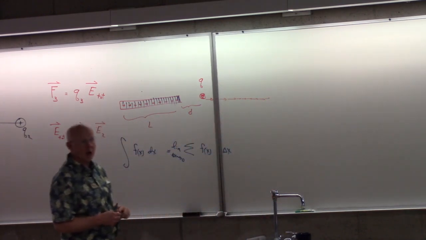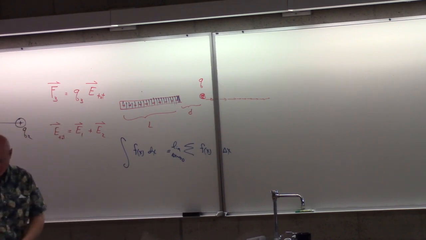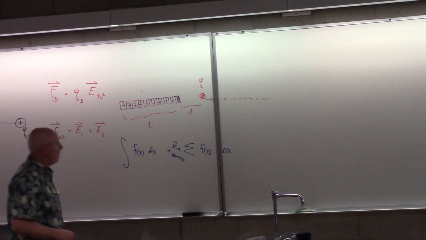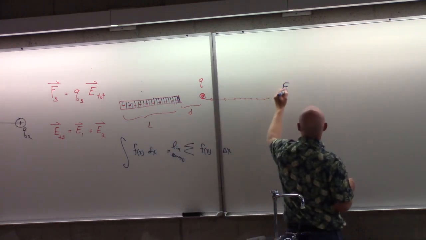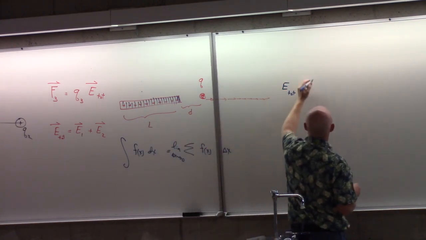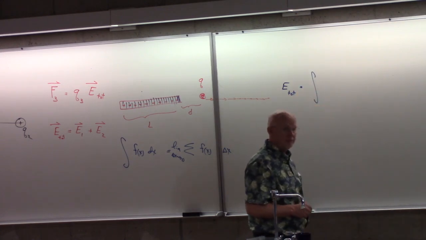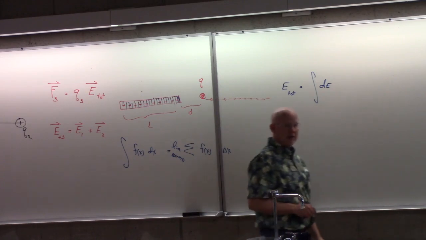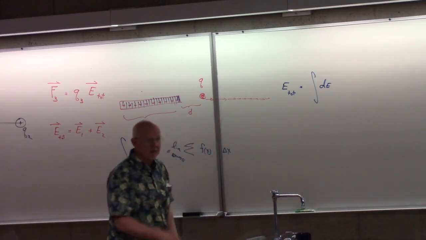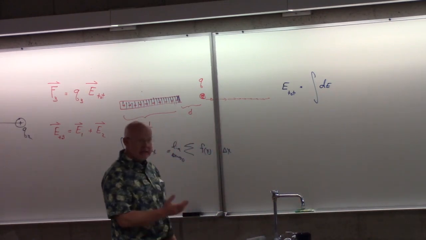And they keep getting smaller, but they're all in the same direction. So luckily I won't have to spend too much time on that, but I will have to say the field total would be something like this. I'm going to add up a bunch of little tiny fields. So let me call it dE.